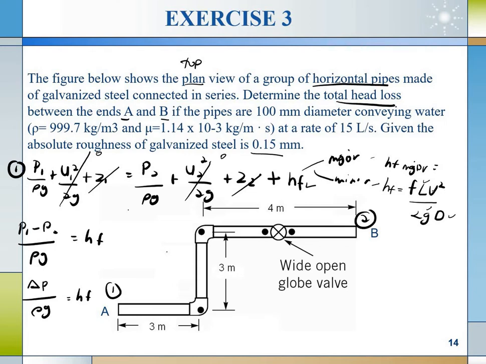D we have, V we can calculate. F is a friction factor we can get from the Moody's chart. L here is the total length. So total length is from A to B. So we have to add up 3 plus 3 plus 4, which is 10.